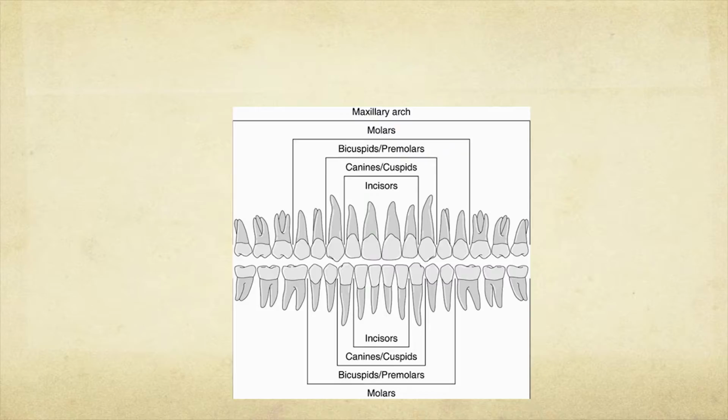They are used for incising or cutting the food. But as you segue into the posterior teeth, where you have the premolars and the molars, they are used for chewing or mastication. As we understand, the first part of the digestion process starts in the oral cavity, and all these teeth facilitate breaking down and grinding the food, which is where your initial digestive process starts.